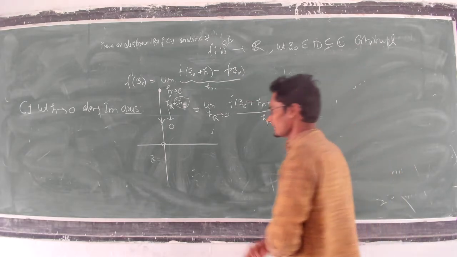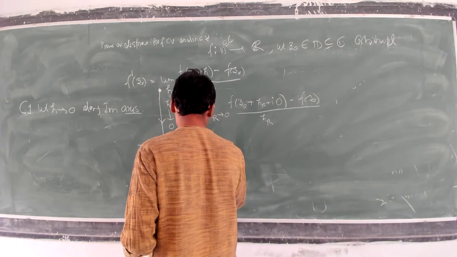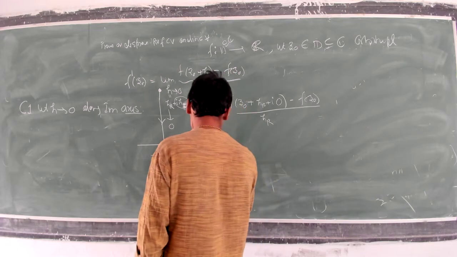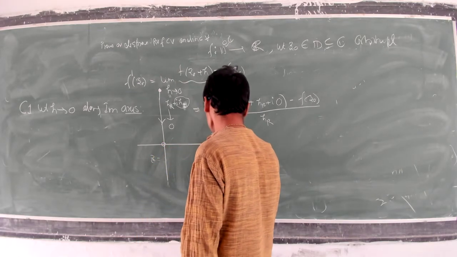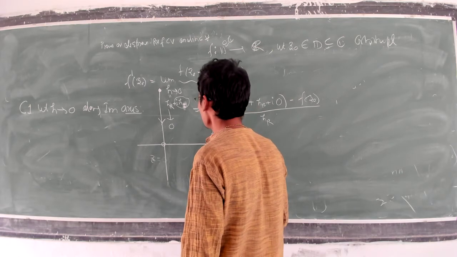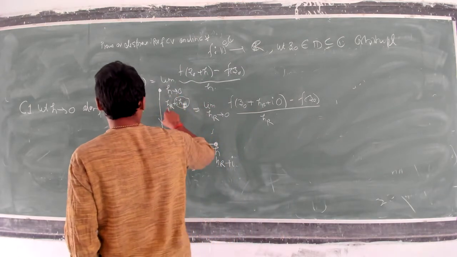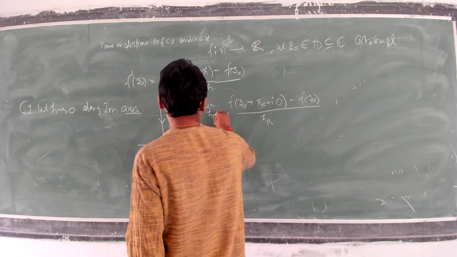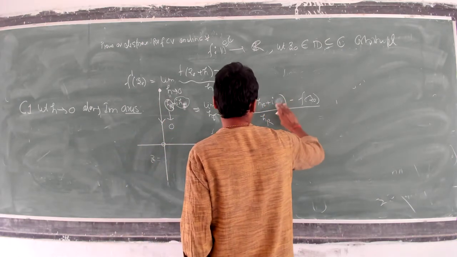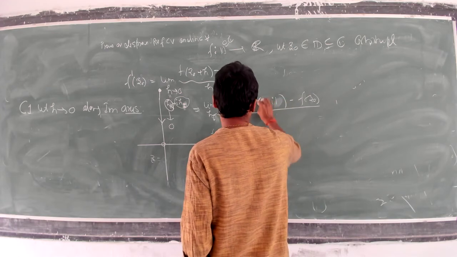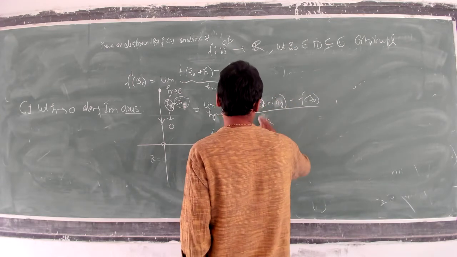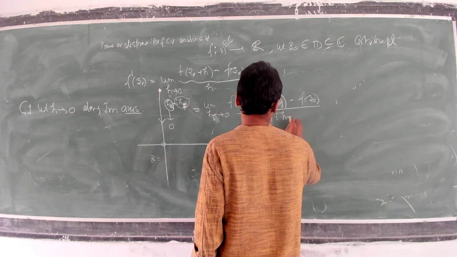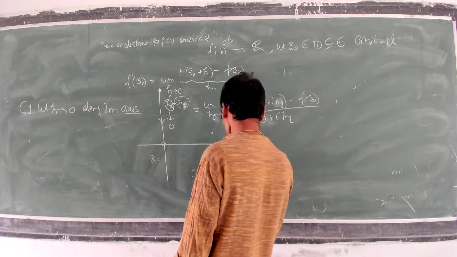Any doubt? Case number 2. Suppose I am here, on this axis, your h is hR plus iota times hI. Here the real part will be 0. So h is 0 plus iota hI.